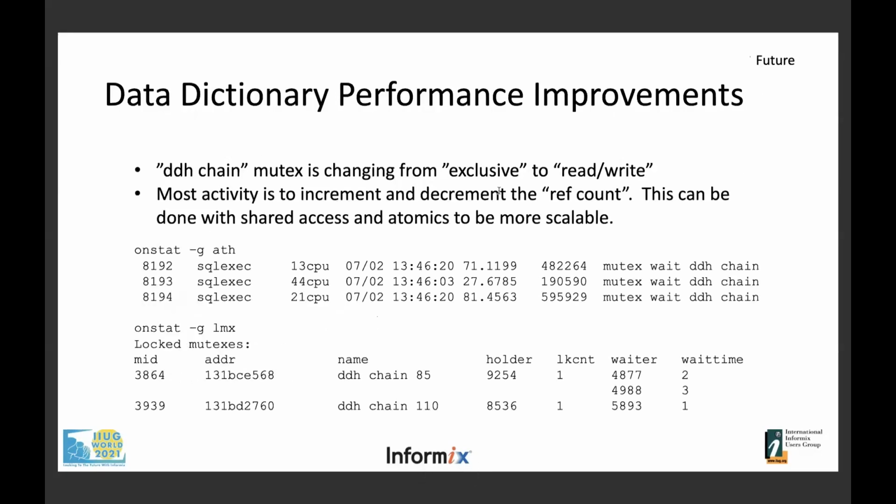Okay, so here's a couple of the things that we're working on now. Data dictionary performance improvements is one that I'm working on as we speak. I'm just guessing that everyone has at least seen this DDH chain mutex wait on their system at some point. Historically, there's the DD_HASHSIZE and DD_HASHMAX config parameters.